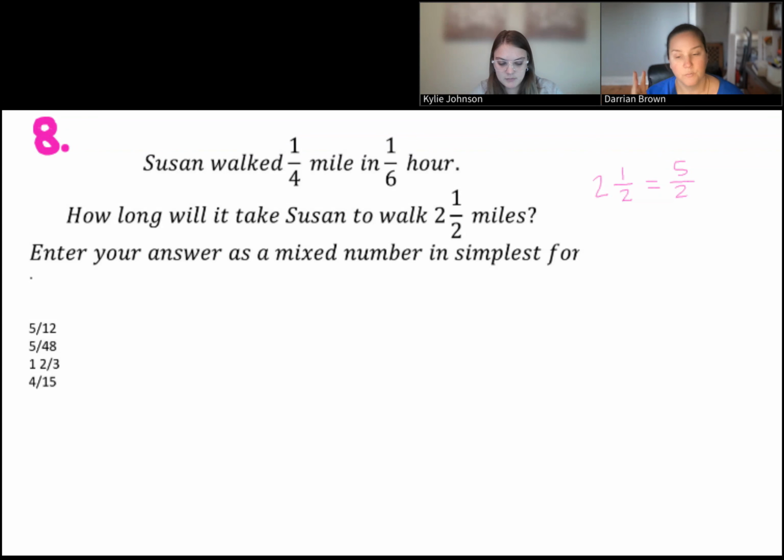Because when you're finding unit rate, the ultimate goal is to find out how much per 1. So we're going to set our first ratio up like this. It's going to be 1/4, which is the distance, over the time, which is 1/6 of an hour.